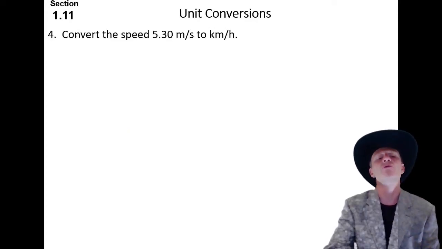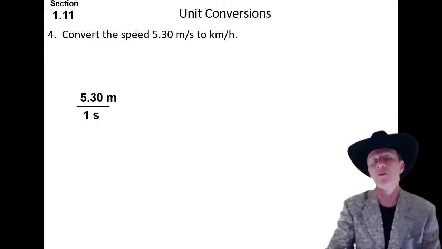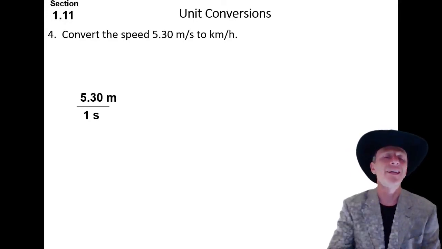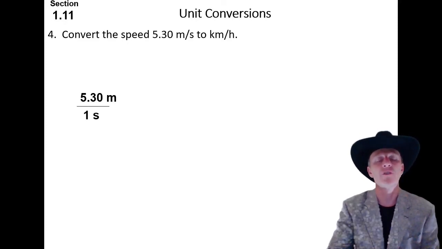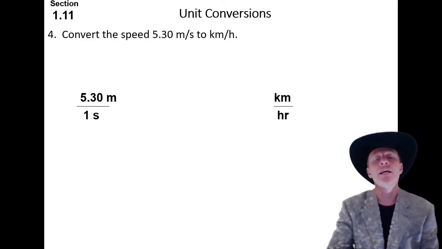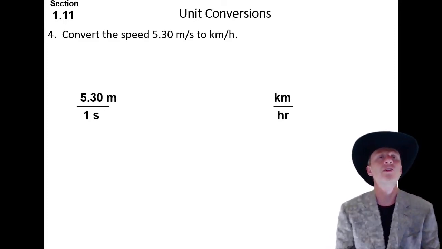Let's go to a hard one. What if there were 2 units? What if we had to go from 5.30 meter per second to kilometer per hour? Well, I recommend you using a horizontal division bar to keep things straight. Notice how I wrote 5.30 meters over a second and kilometers over an hour. So look at 1 unit, a unit of length first.